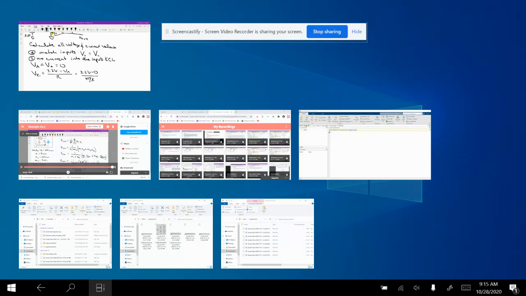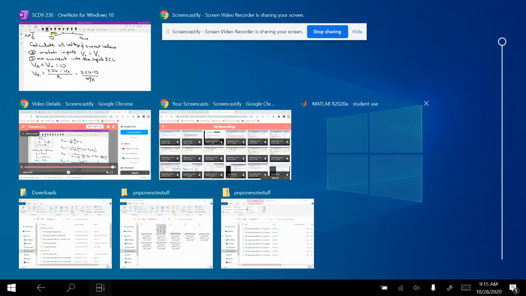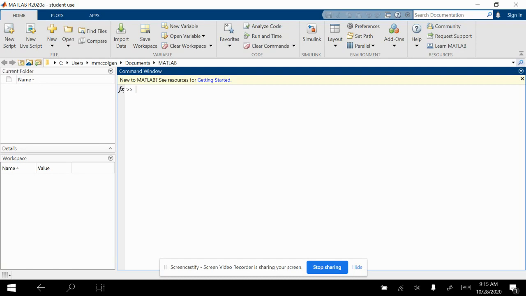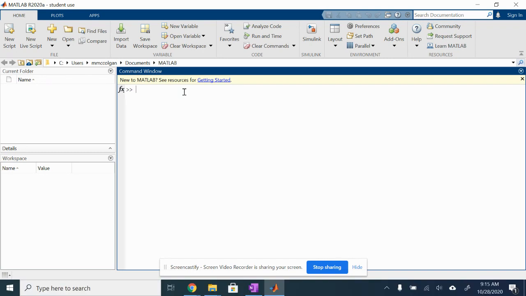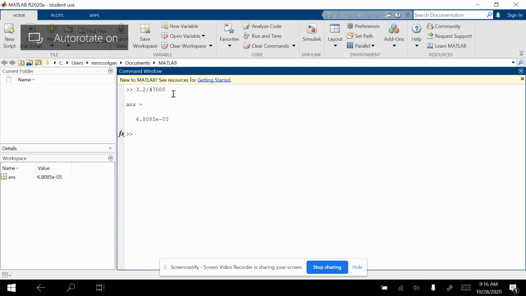So let's just pull out my MATLAB. MATLAB doesn't like rotation, so okay, 3.2 divided by 47,000 is equal to 68 microamps.